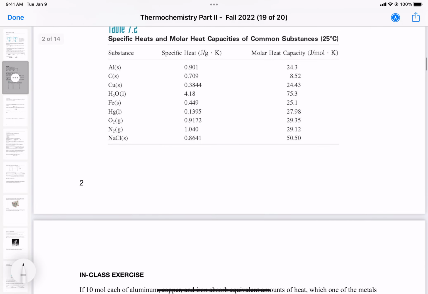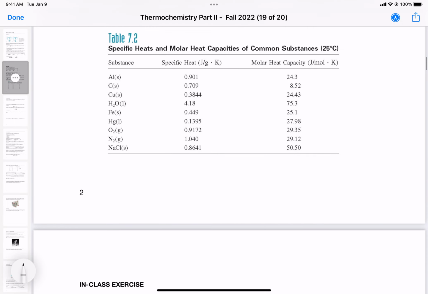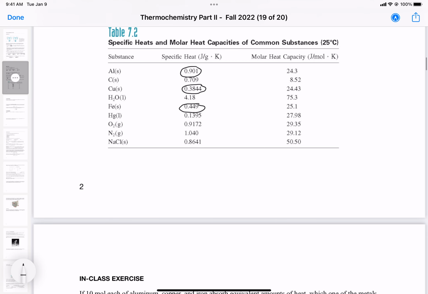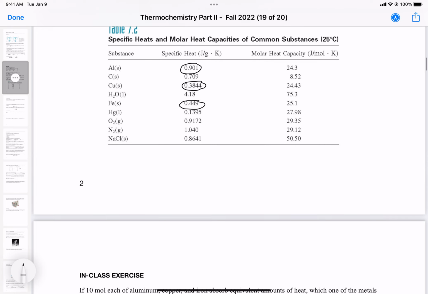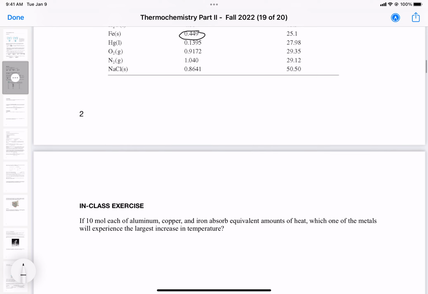We've got aluminum, copper, and iron. Let's keep those values in mind: 0.9, 0.38, 0.449. So which one do we expect to have the largest increase in temperature?